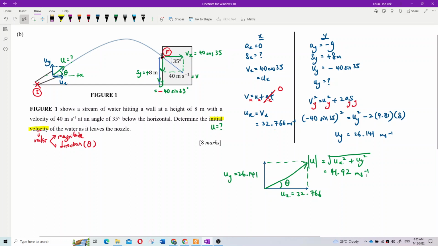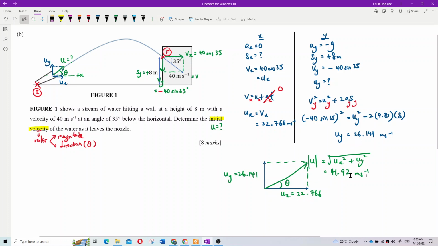Hit the wall. The wall is above the origin. Yeah, above the origin. So it should be positive lah. Yeah, it should be positive. Anyway, I continue first.